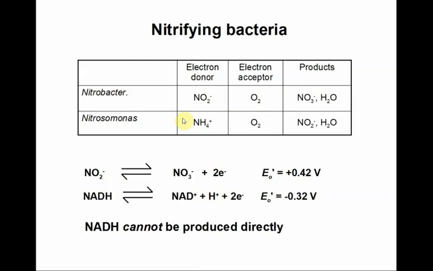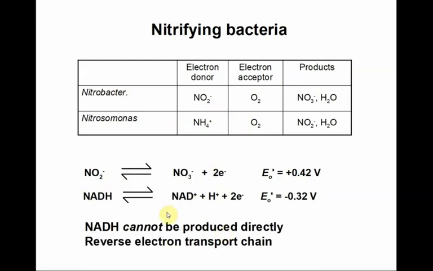So this reaction is producing proton motive force, and then that can be used to produce ATP with the proton ATPase, and it can also be used to push electrons onto NADH.